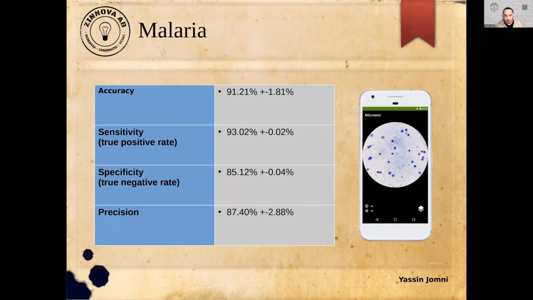Here are some numbers. The algorithm has an accuracy of 91%, and humans, I mean, the personnel that do this usually have an accuracy between 50% and 95%. It depends on which country it is and the degree of education and all of that.